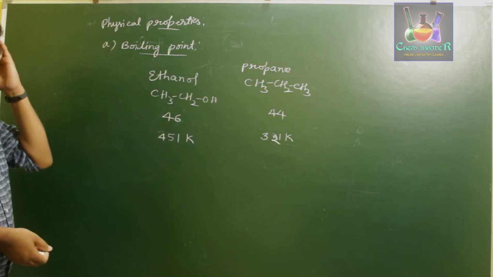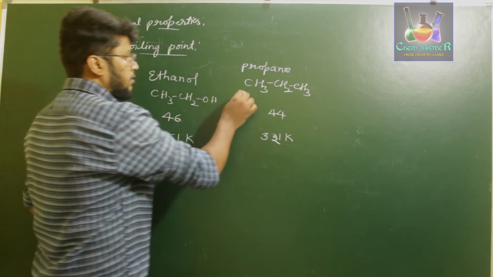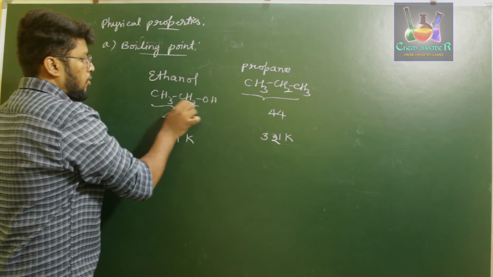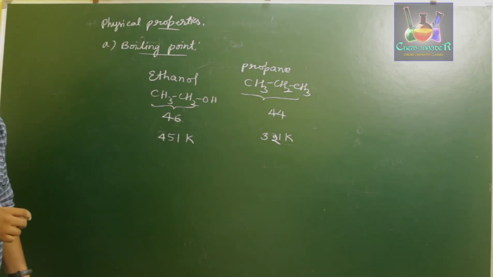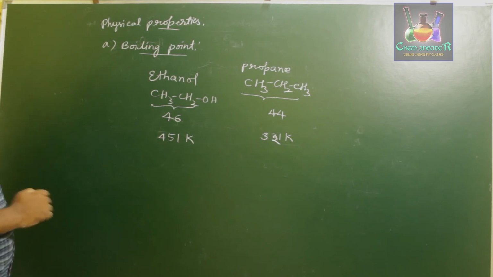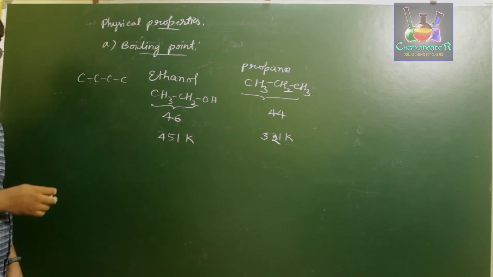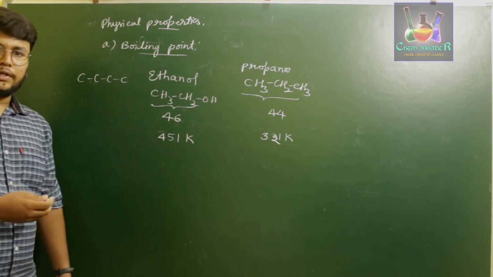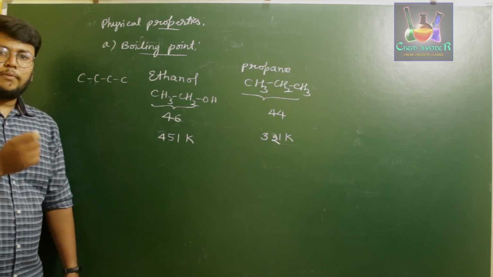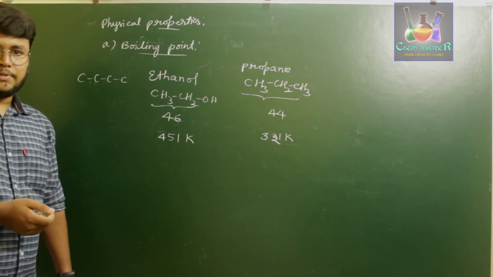Further, what we can clearly say is this boiling point depends upon the number of carbon atoms present in the given alcohol. That is, if more carbon atoms are present in the parent chain, greater will be its boiling point. That is, the boiling point of alcohols increases with increase in number of carbon atoms.